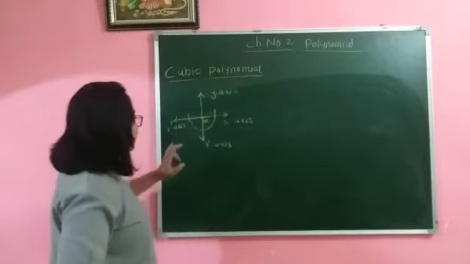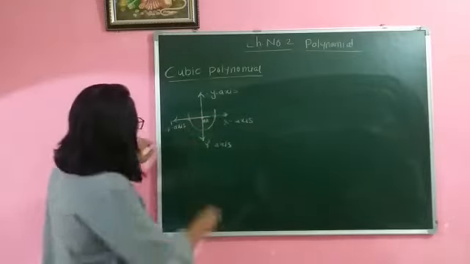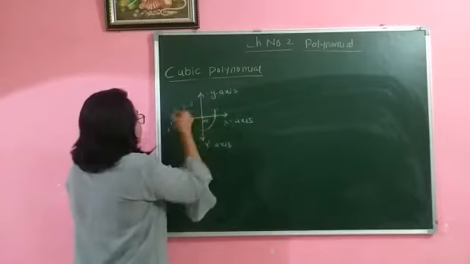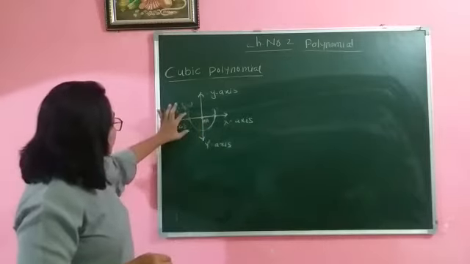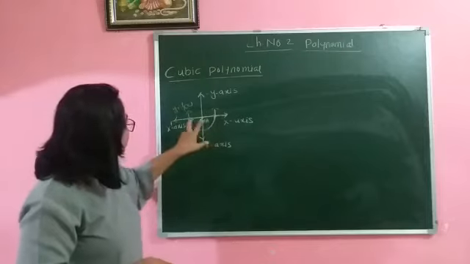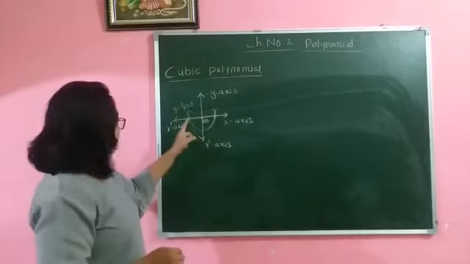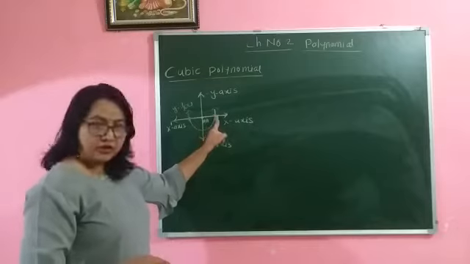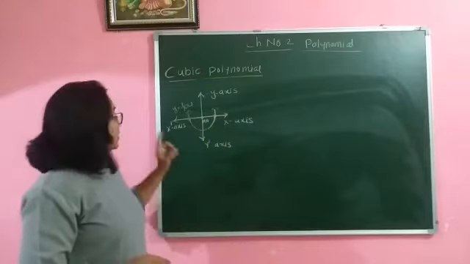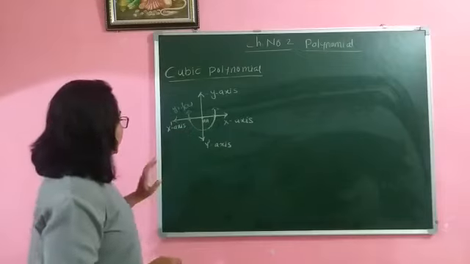This is the graph of y is equal to f of x, a function of x. You can see that this graph is intersecting the x-axis in exactly 2 points, here and here. So how many zeros will you get? Here you will get 2 zeros.